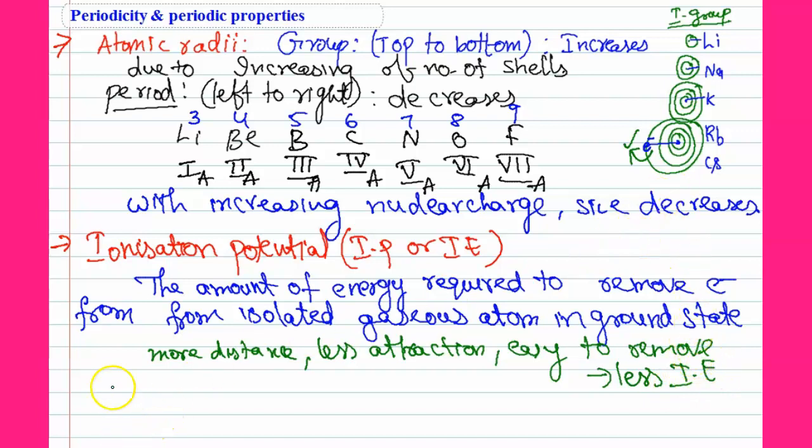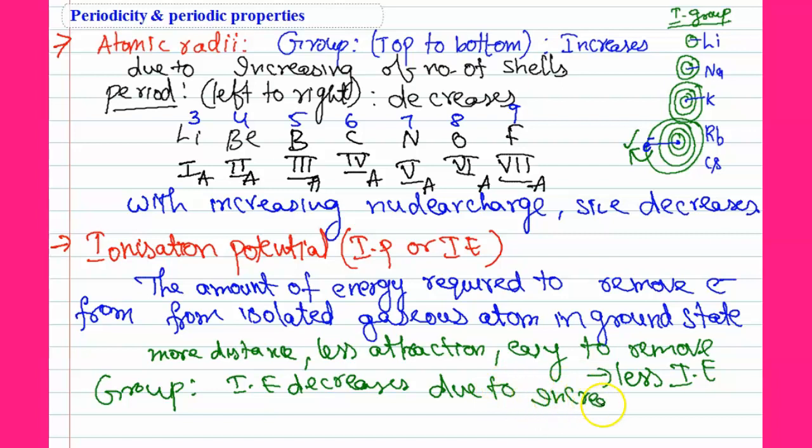So that means in a group, ionization energy decreases due to increasing atomic size.